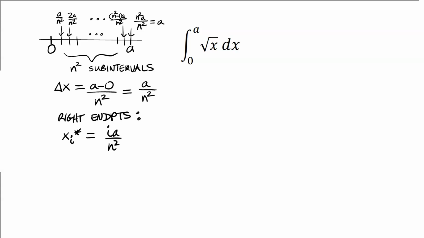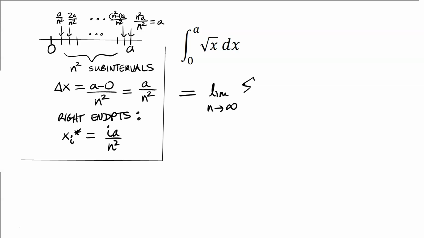Now let's see what the Riemann sum looks like. So we're going to take the limit as n goes to infinity. Now this is where it's a little bit different from how you normally approach this. Normally we would take the sum from i equals 1 to n, but since we're breaking it up for each n into n squared subintervals, we're going to take the sum from i equals 1 to n squared.